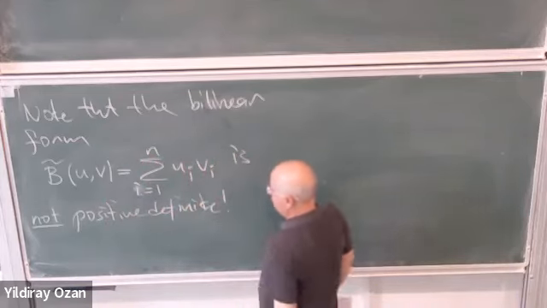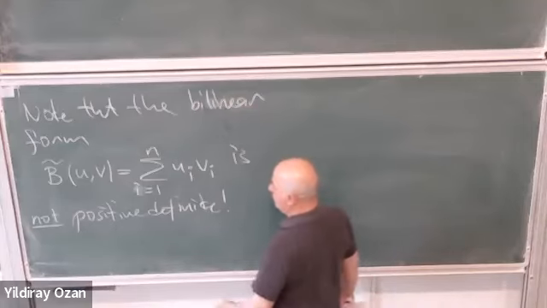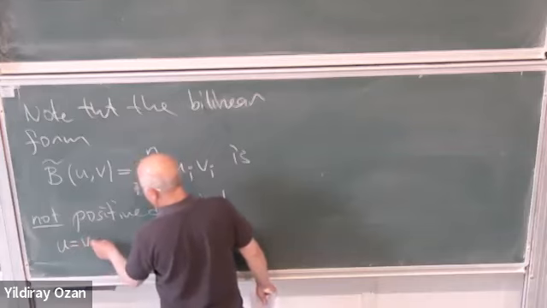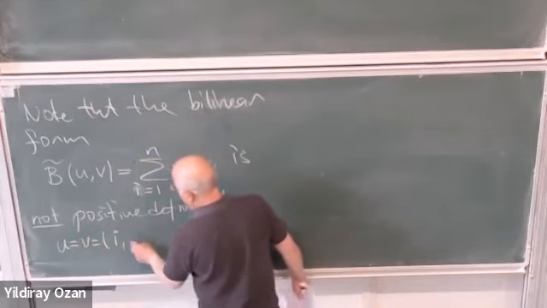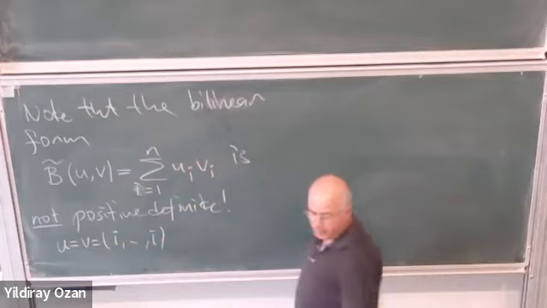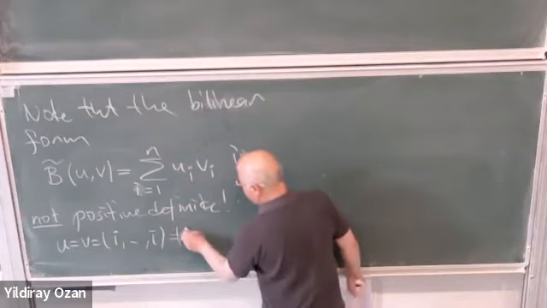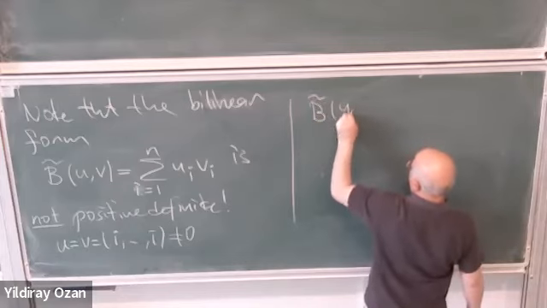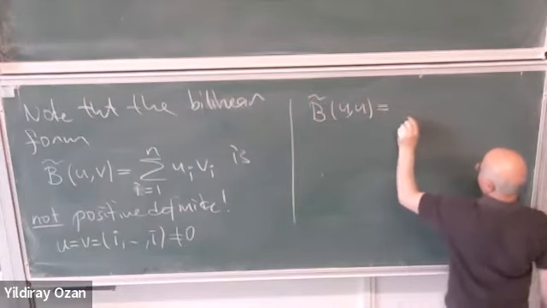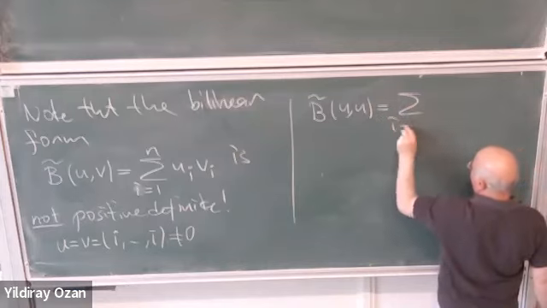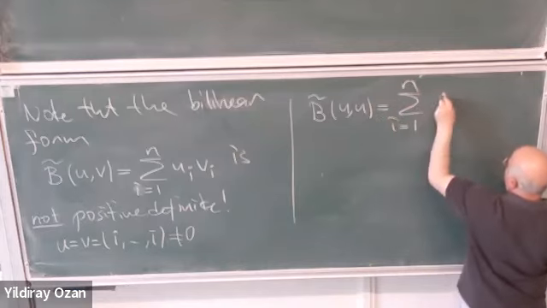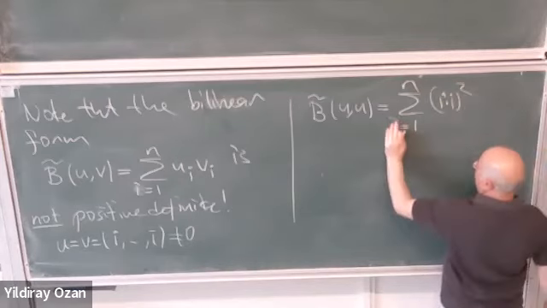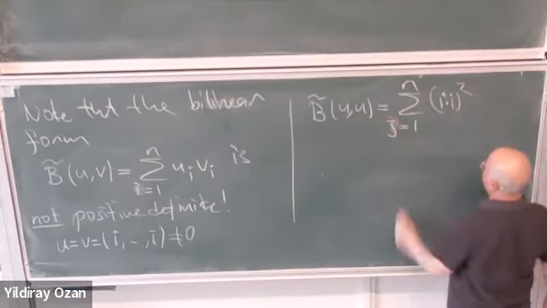Neden? Şuna bakın, yani işte U eşittir V eşittir i'nin tekrarı vektör. It is not the zero vector, but what is it? It is just the summation from 1 to n of i times i, right?